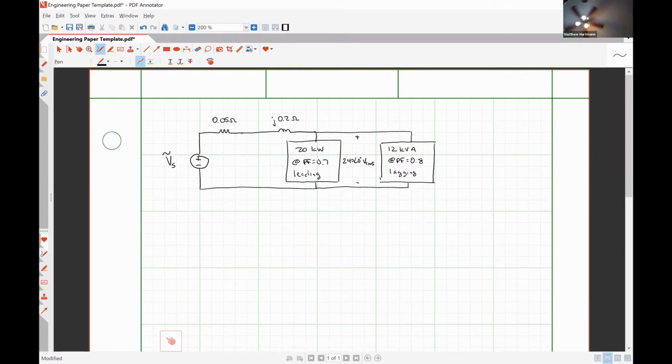the voltage Vs, and we want to know what size capacitor. So let's see, we want the power factor at the source, the complex power absorbed by the source. We want to know what the phasor voltage Vs is.